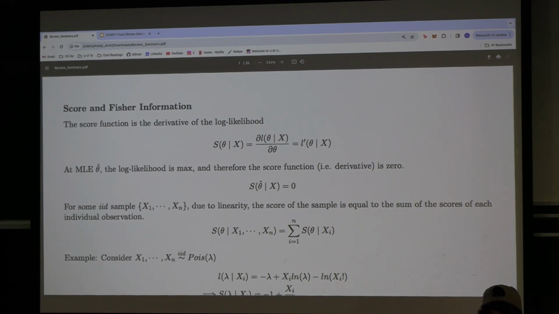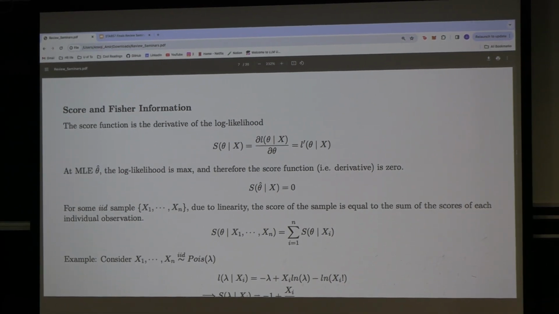So the score of a parameter, right? It's a function of the parameter given some sample, is nothing but the derivative of the log likelihood of that particular sample. Nothing more, nothing less. What we know is that the log likelihood is maximized at the MLE, by definition.